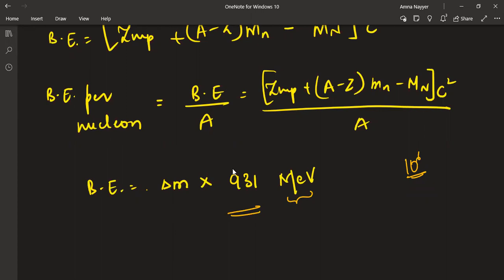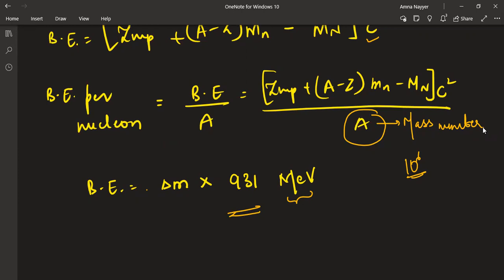And if binding energy per nucleon is asked, then either by multiplying by C square or by 931 mega electron volt, just divide it by the mass number. That will give you binding energy per nucleon, for each value of nucleon.